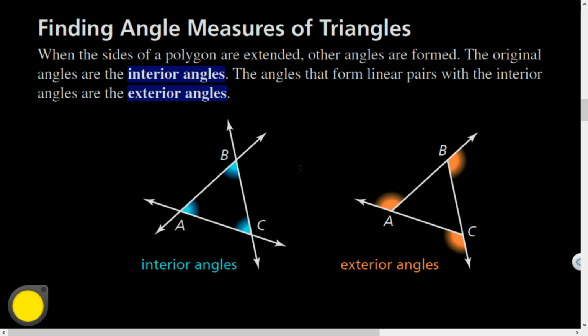That makes sense. And the angles formed by linear pairs with the interior angles are called exterior angles. Notice that this angle is not an exterior angle. Exterior angles would be like this one or that one. Only the ones that form a linear pair with the interior angle.